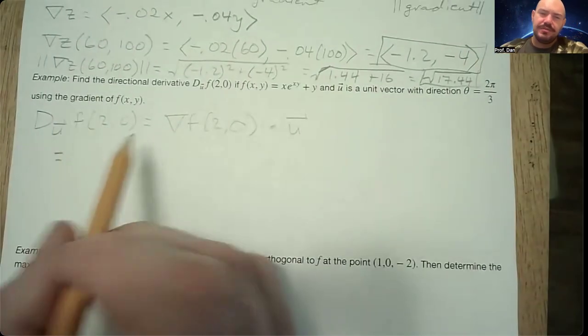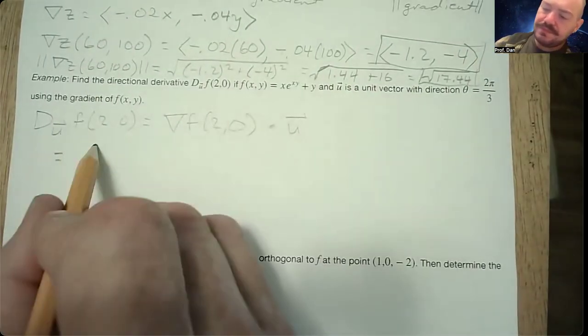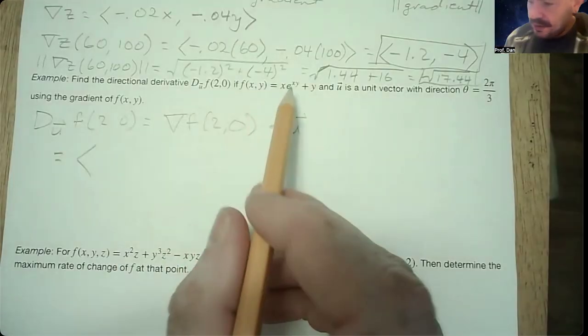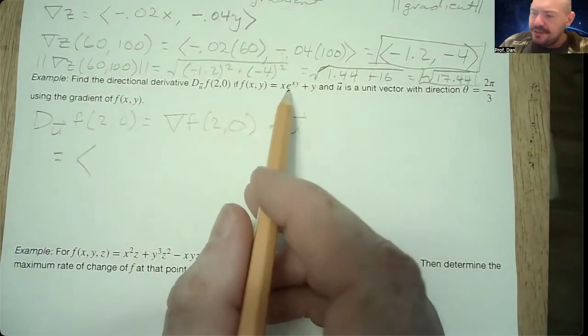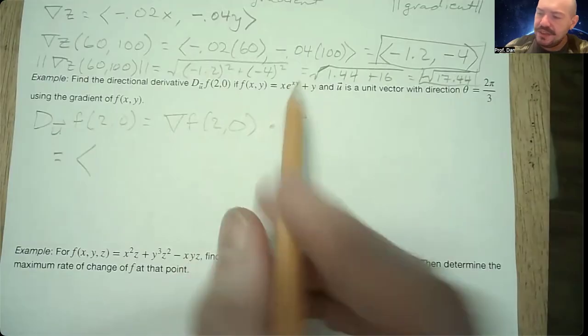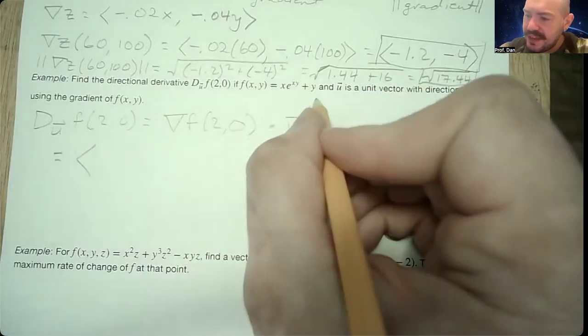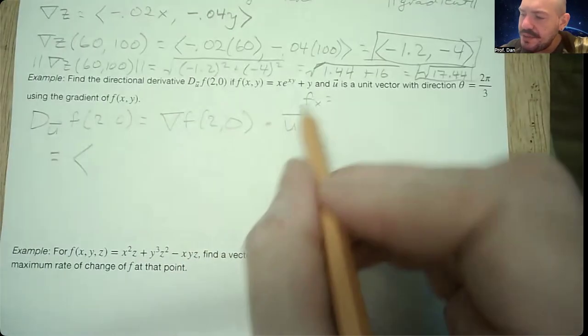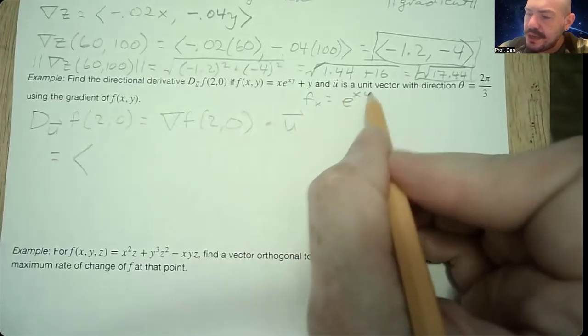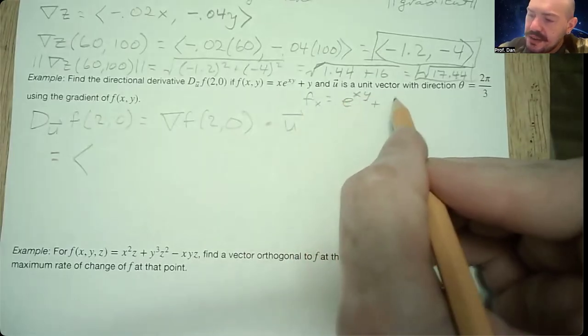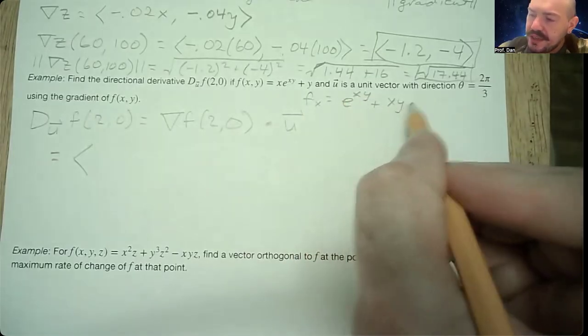If I write those out, right, x direction, we said that fx, to remind ourselves, was equal to e to the xy plus xy e to the xy.